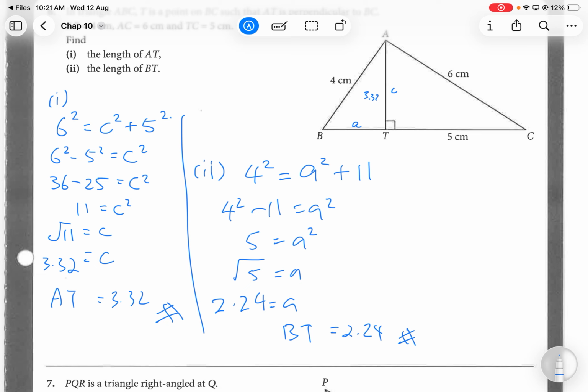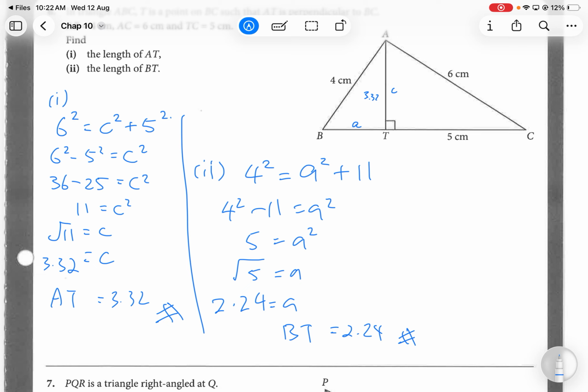The two shorter sides are PQ and QS. Can see or not? Now I need to use the bigger right angle triangle. Big right angle triangle, longer side is PS. The two shorter sides are PQ and QS.